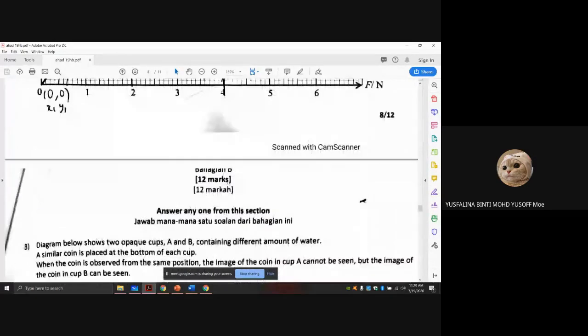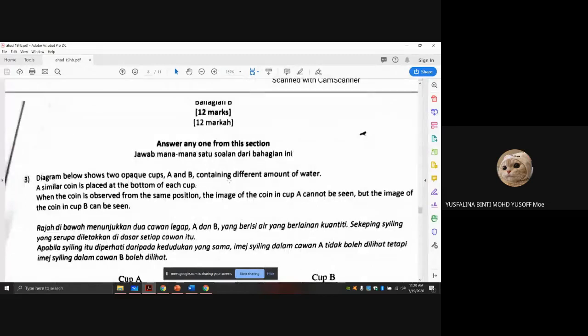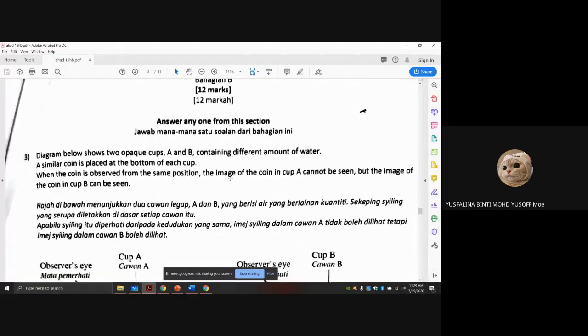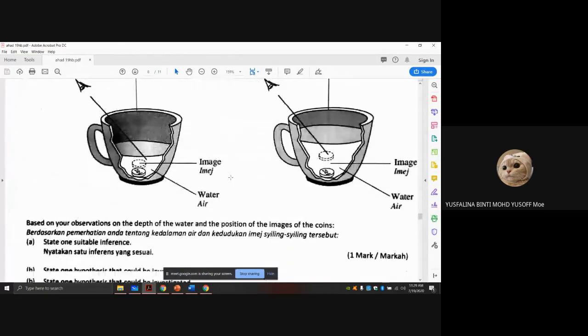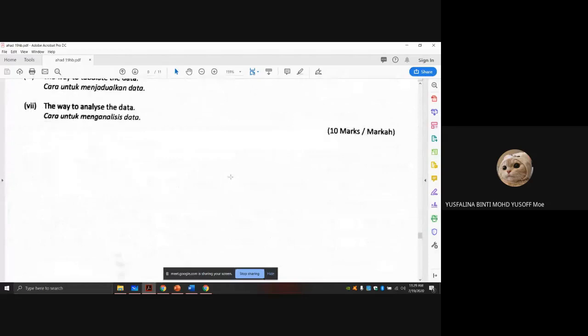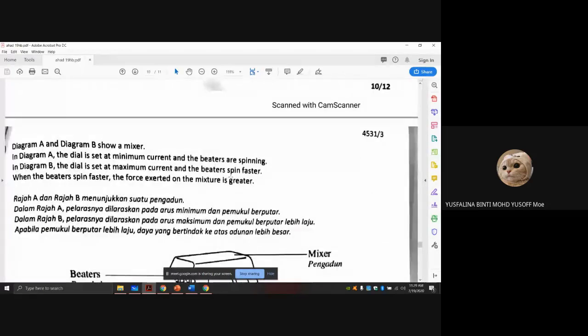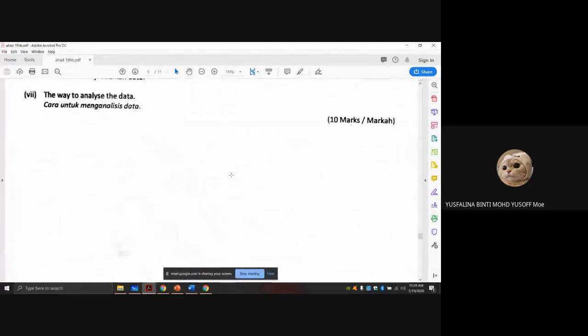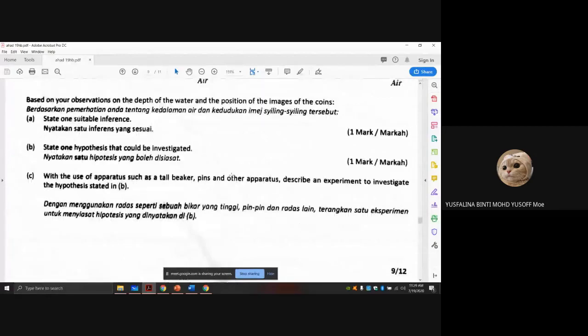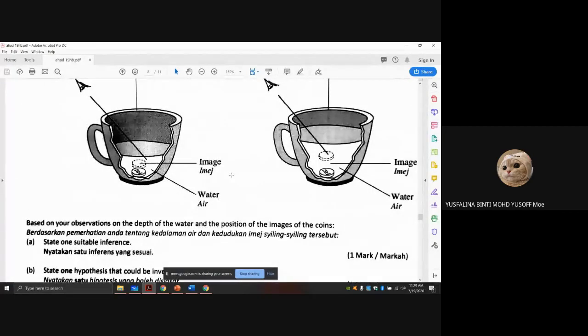The experiment: actually I already gave you the experiments that you need to remember. For your information, you can see question number 3 and question number 4, because some of you did not realize this. Question number 3 is about light, because I have an image of water like this, so this is a form 4 topic.